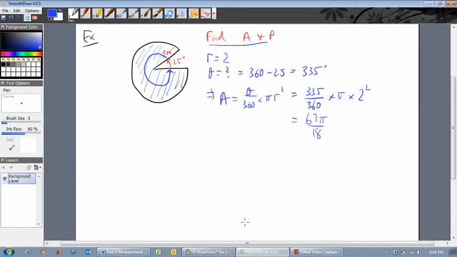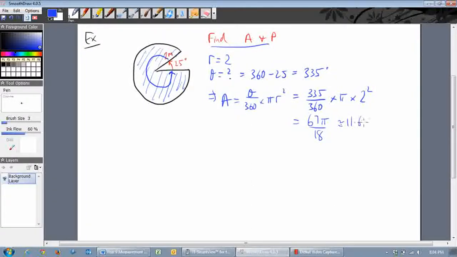Okay, so I'll just write that here. There's my year 10 answer, and just to give you a rough, it's roughly equal to 11.69 meters squared. There's your answer. Year 10 answer, year 9 answer. Both will be marked correct. I'm going to try and train you to do this one much better.